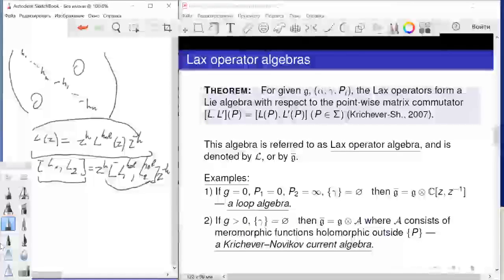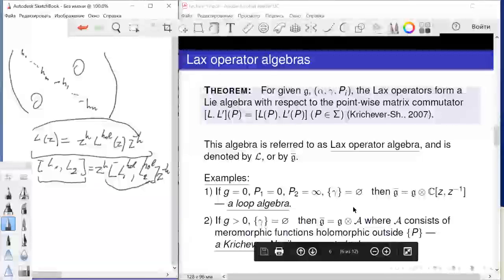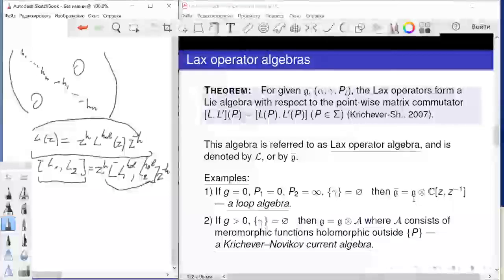Let's say a loop algebra is just a tensor product of G by the commutative algebra of Laurent polynomials, and we obtain it when our Riemann surface is of genus 0, a Riemann sphere with two fixed points, P1 equal to 0, P2 equal to infinity.